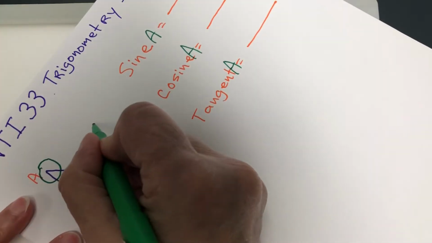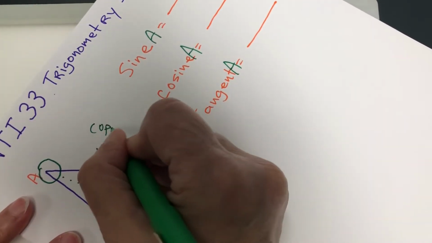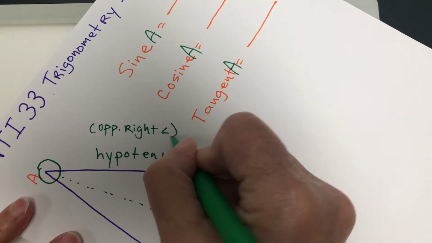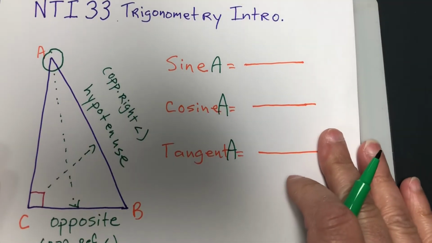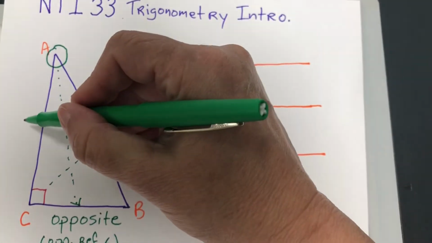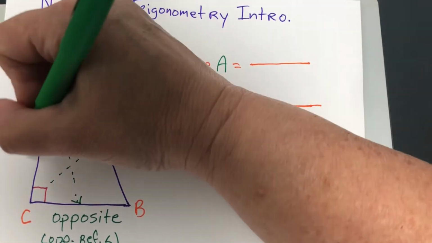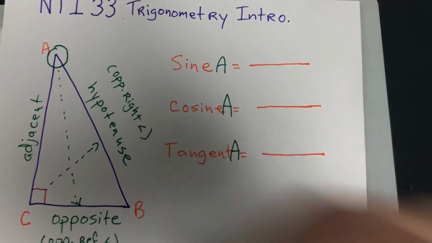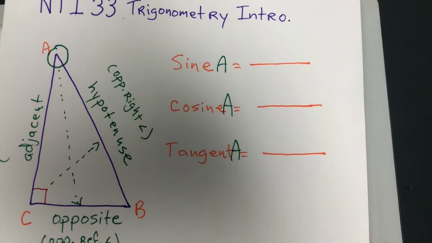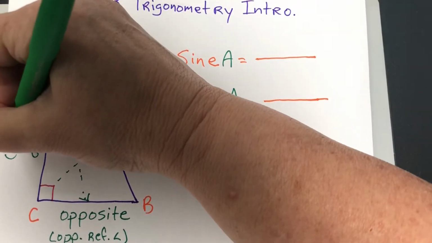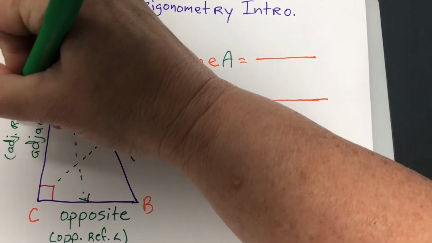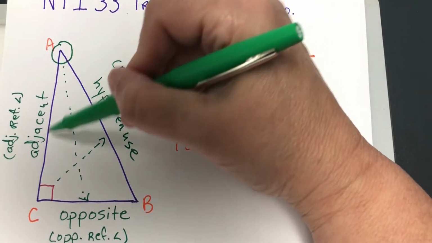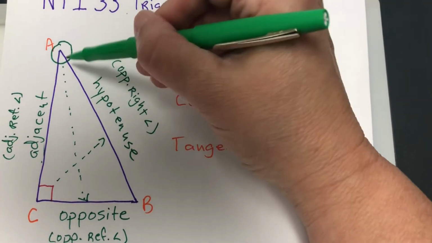Okay, the hypotenuse is opposite the right angle. And then I always do this side last. This is the adjacent side. And it's called adjacent because it is adjacent to the reference angle. It is the side of the reference angle that forms the angle.